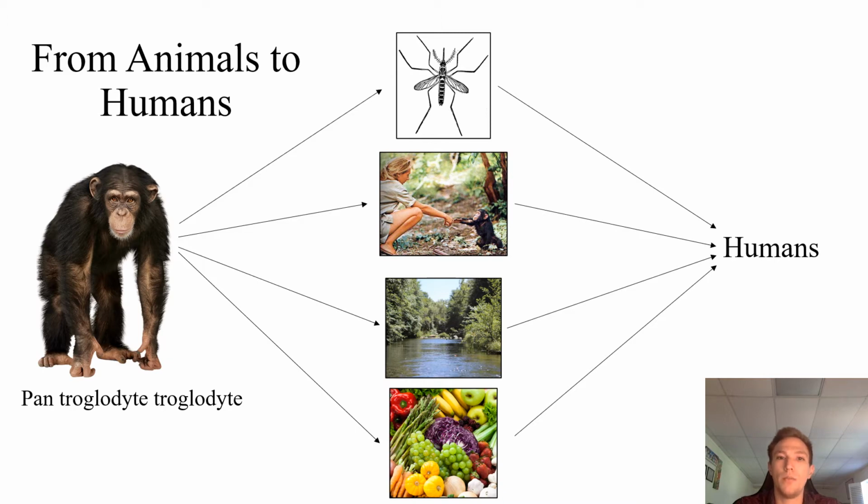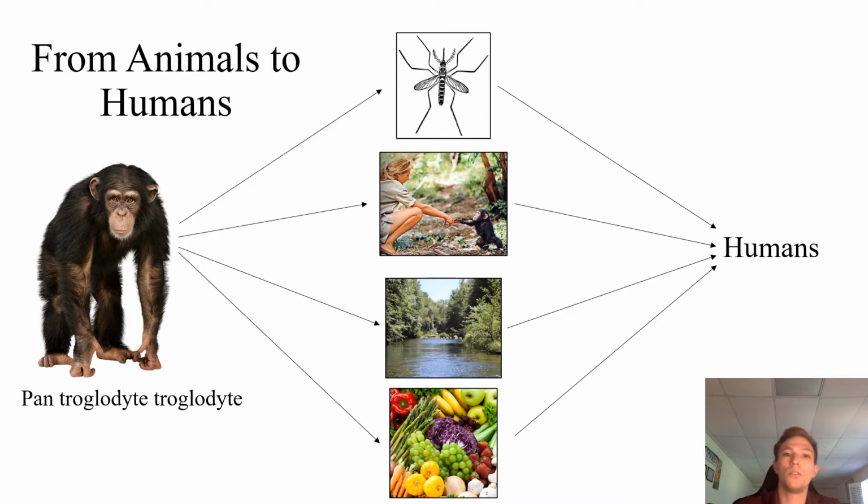So HIV began as SIV, the simian immunodeficiency virus, in the chimp, and then through one of 4 modes of transmission, or all 4, made its way to humans, which it became the human immunodeficiency virus.